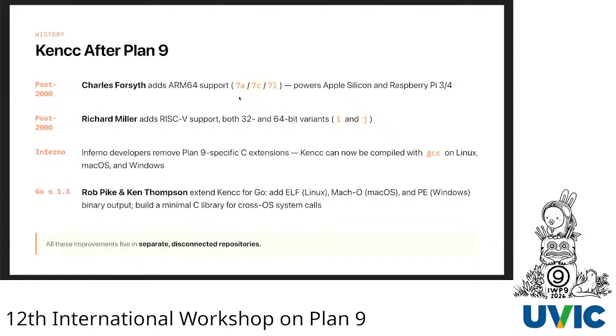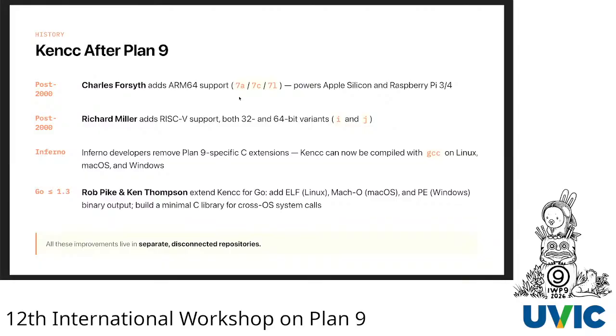Then I don't know when, but the Inferno developers also extended Kencc, and what they've done is that they removed the Plan 9 specific C extension. So the dialect of C is special in Plan 9. It uses special extensions, and so you cannot actually use GCC or Clang to compile the C code in Plan 9.